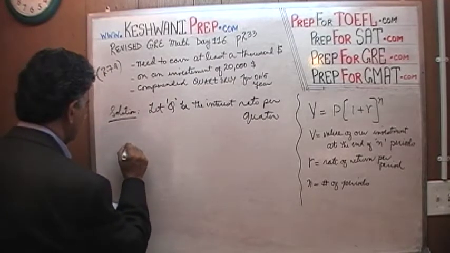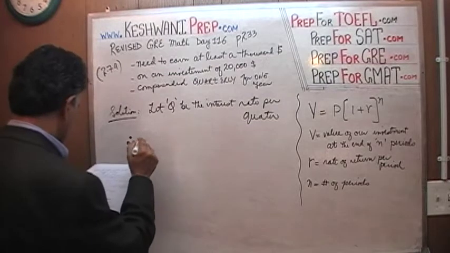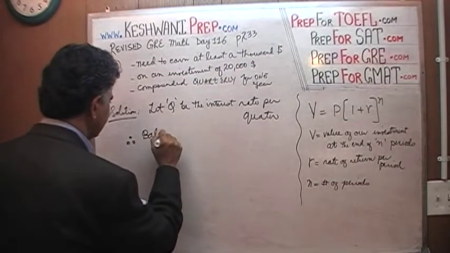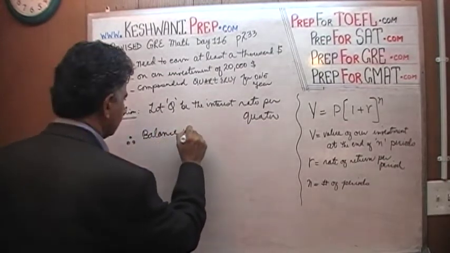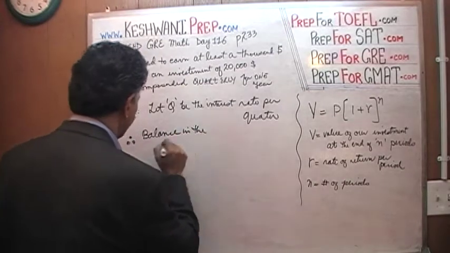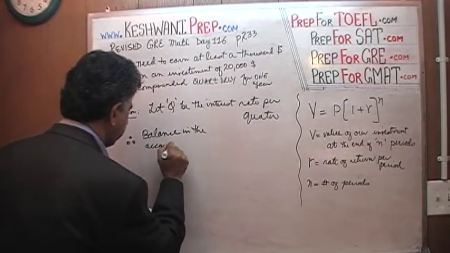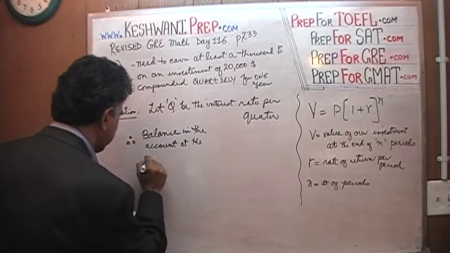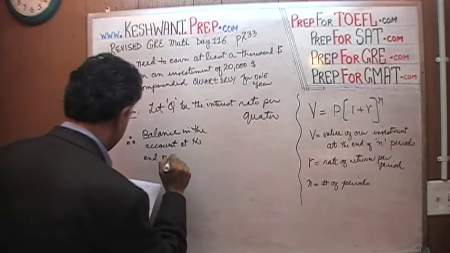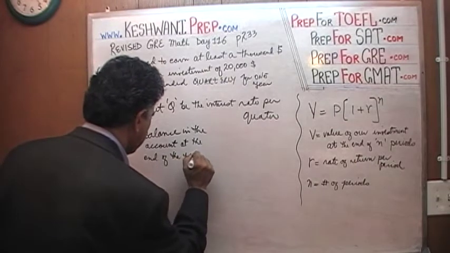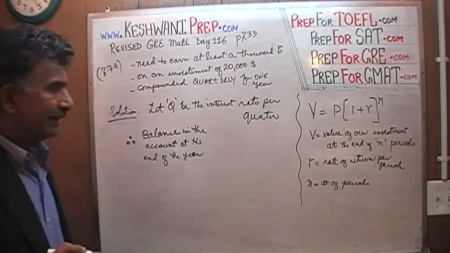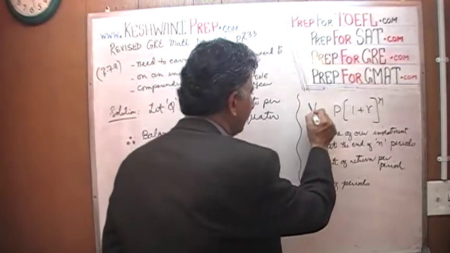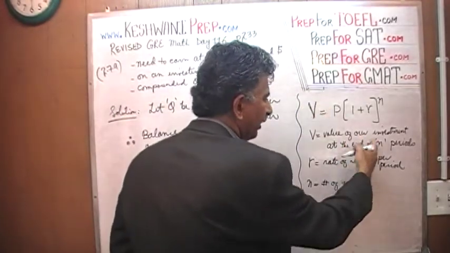Therefore, the balance in the account at the end of the year is what we are calling V. V is the value of our investment at the end of the year.